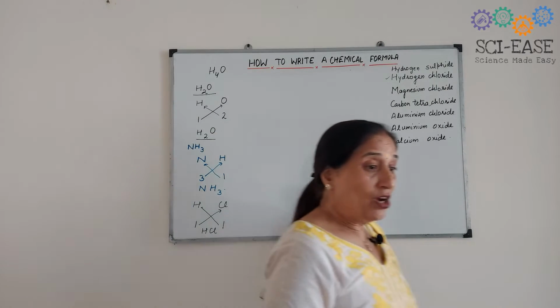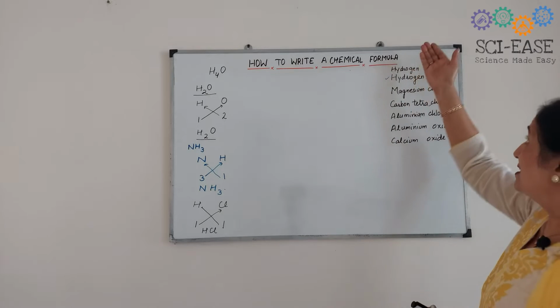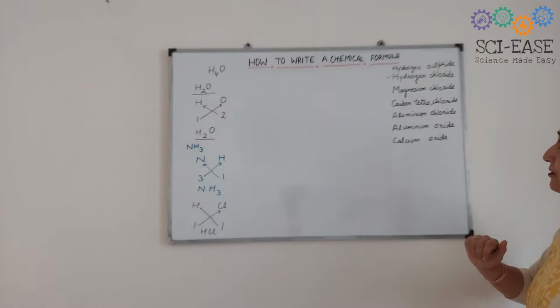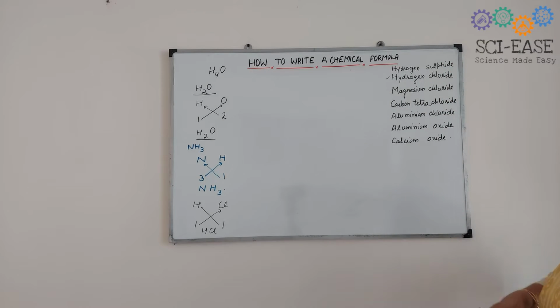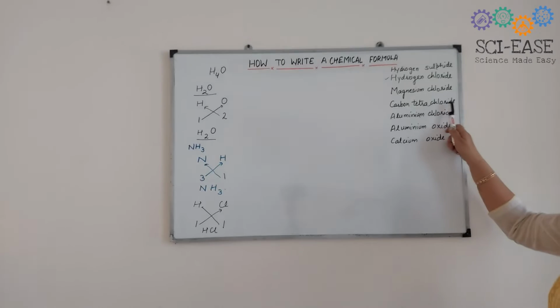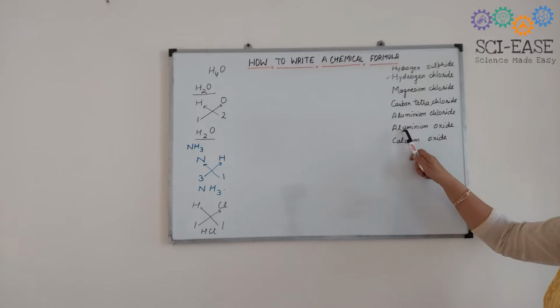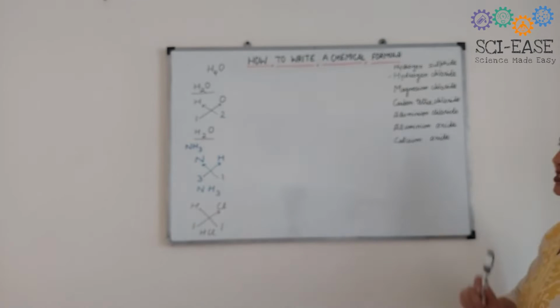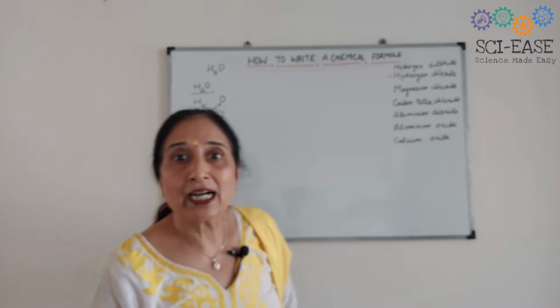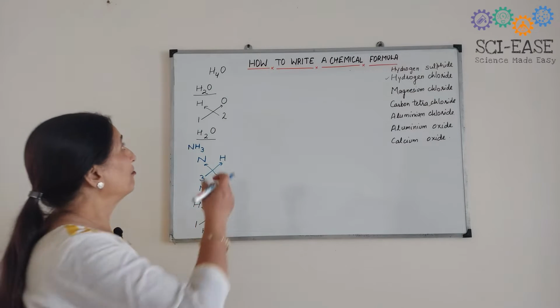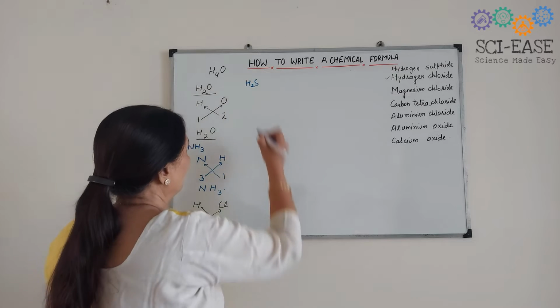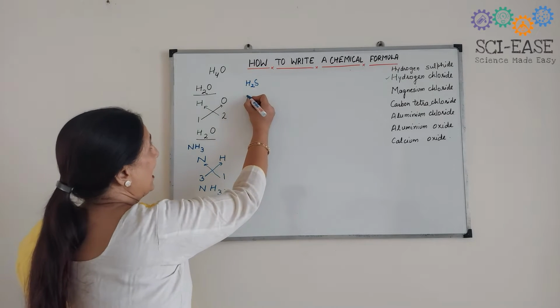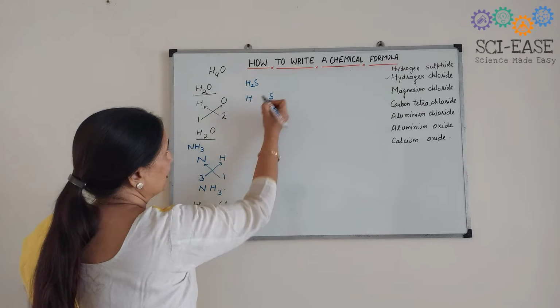Clear? Now, there is a list of chemical compounds: hydrogen sulfide, magnesium chloride, carbon tetrachloride, aluminium chloride, aluminium oxide, calcium oxide. So, I will take up now hydrogen sulfide, H2S. Okay? So, H and S are present.